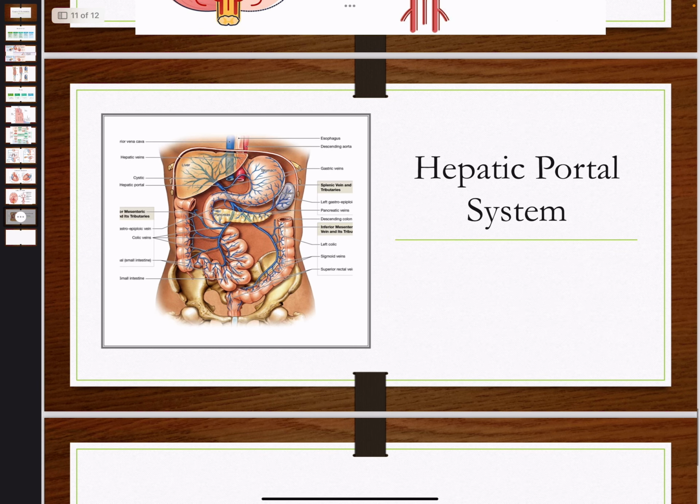And next, we're going to talk about the hepatic portal system. The hepatic portal system directs blood from other digestive organs to the liver before the blood returns to the heart. So after passing through the liver capillaries, blood collects in the hepatic veins, which empty into the inferior vena cava. And this blood goes to the liver before returning to the heart.